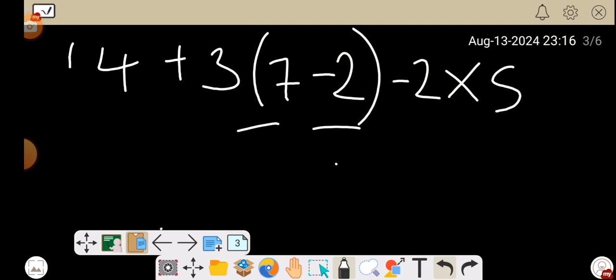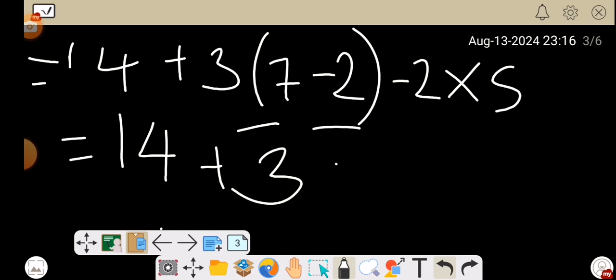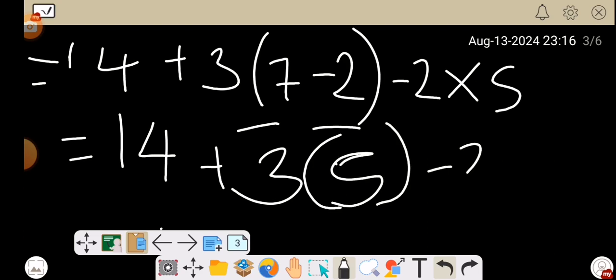After doing what is in the brackets, we go to the next thing. So we copy this 14 plus 3, open brackets. What is 7 minus 2? It is 5. Close brackets. Minus 2 times 5.